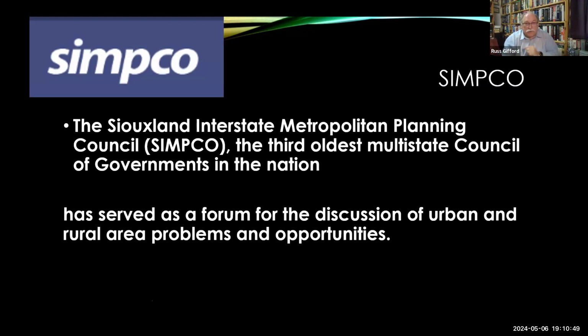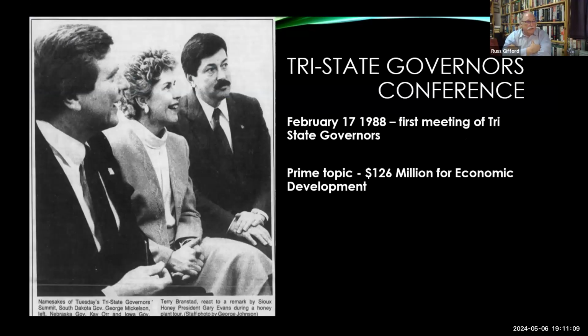And again, I'm bringing this up because that's really what we're going to be dealing with today as we talk about this. Right. With all of that, of course, in February of 1988, we had the first Tri-State Governors Conference.